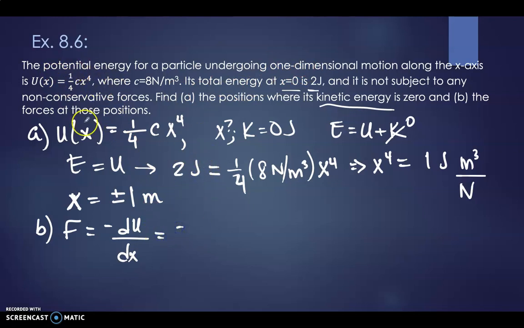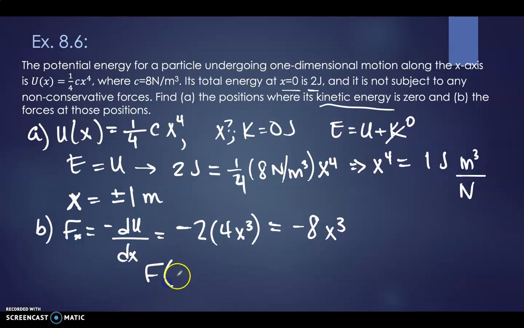So we'll take the derivative here, and that will give us 2 times 4x cubed. And so we'll have negative 8x cubed.